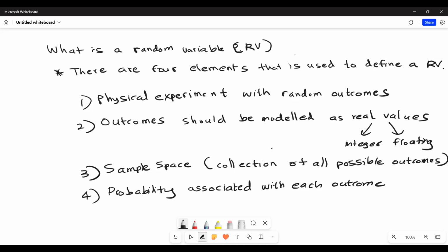Once we know all this, we can define a random variable. We need to know all this to define a random variable.